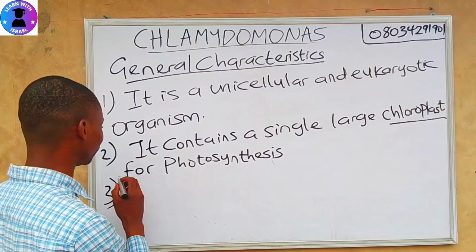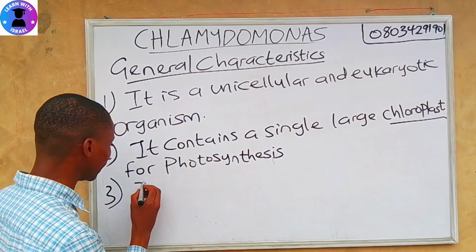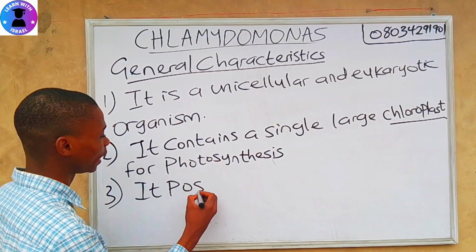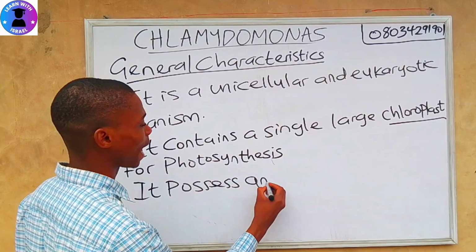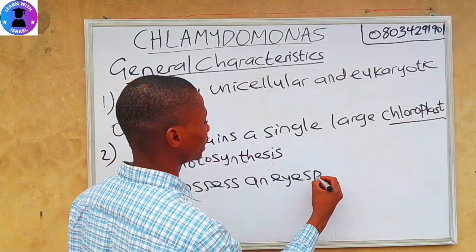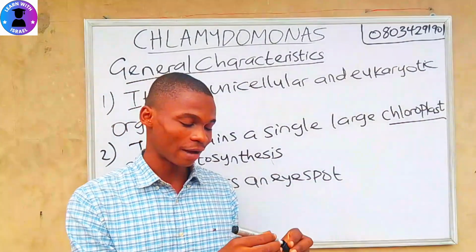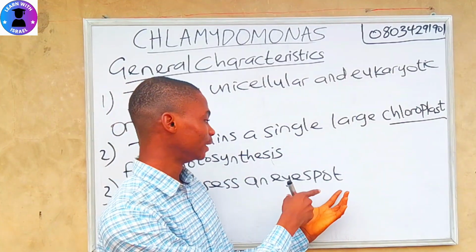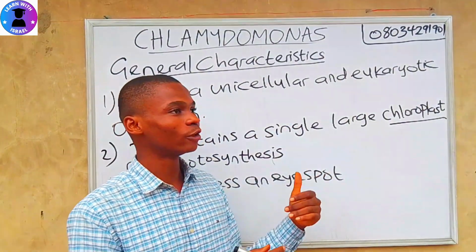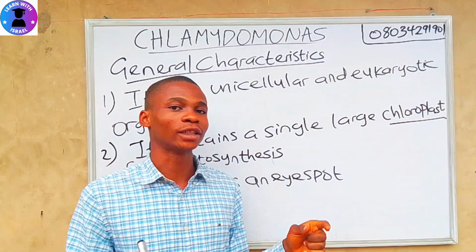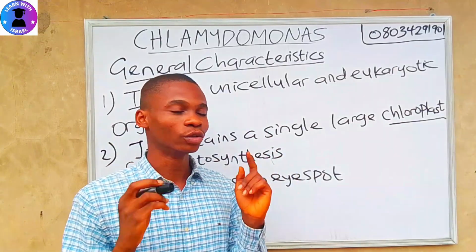The next characteristic is that Chlamydomonas possesses an eye spot. When labeling this diagram, I am going to show you the eye spot of Chlamydomonas, so make sure you watch this video to the end.